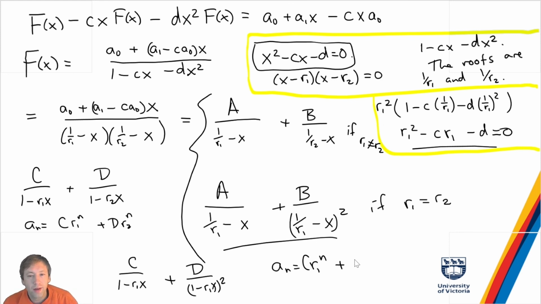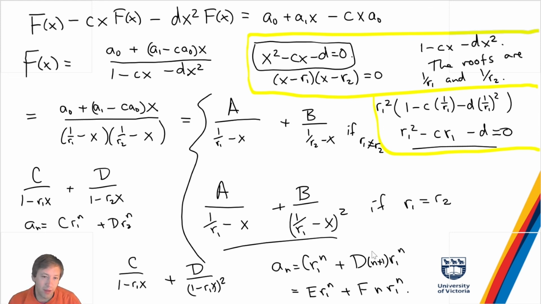This is going to give me that a_n has the form r1 to the n times some constant c plus, well, this doesn't quite look the same yet, but it's going to be like n plus 1 times r1 to the n. But you can absorb this plus 1 by defining other constants, let's say e and f. So this is e r1 to the n plus f n r1 to the n for some other e and f.